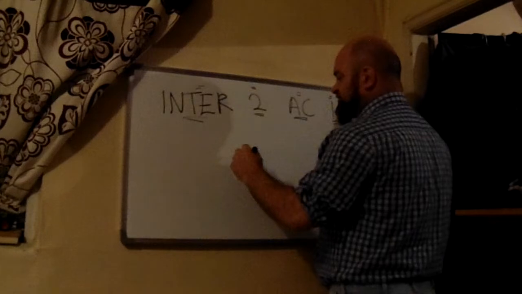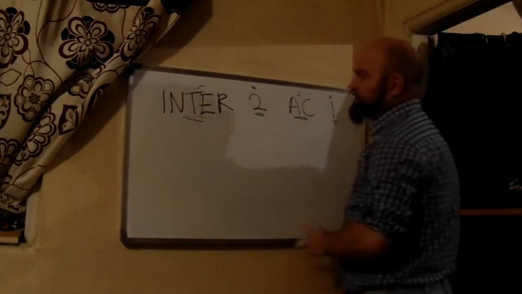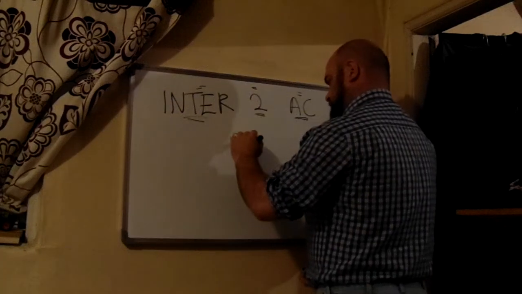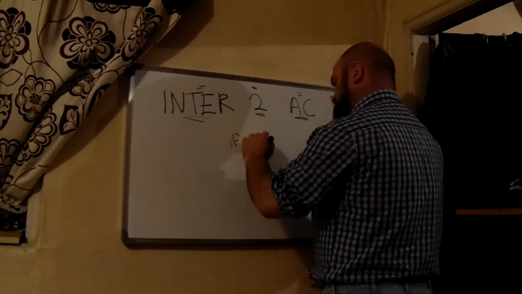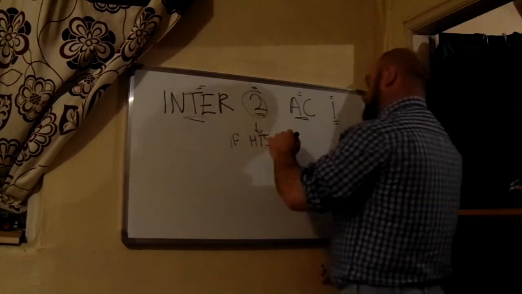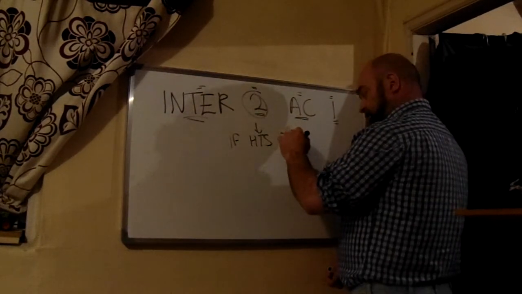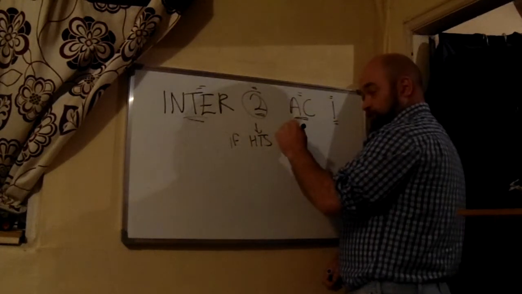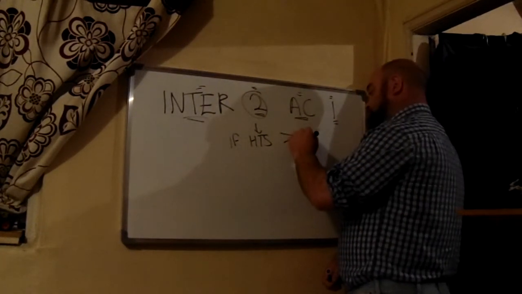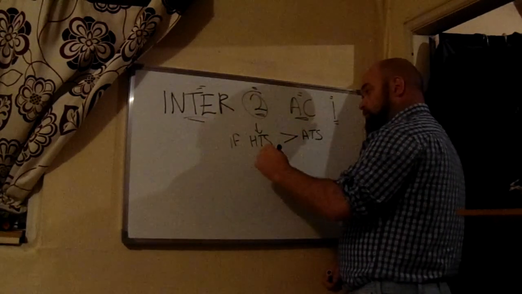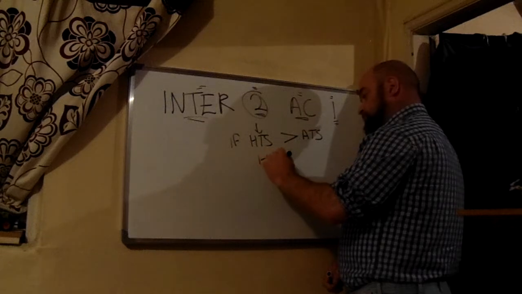So in our mind we're saying, if the home team score, HTS, is greater than, and it's important here to know your mathematical operators, which I'll do very quickly anyway, away team score, we know that's home.